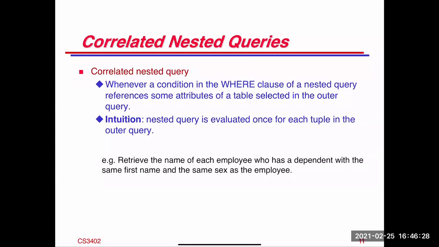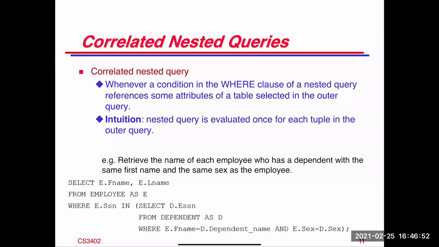So let's say we want to retrieve the name of each employee who has a dependent with the same first name and the same sex as the employee. Okay, so how can we do that? Well, for that we need to use the correlated nested query, right? Because we're saying that the first name needs to be the same and also the sex needs to be the same.